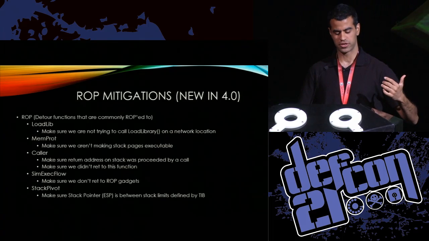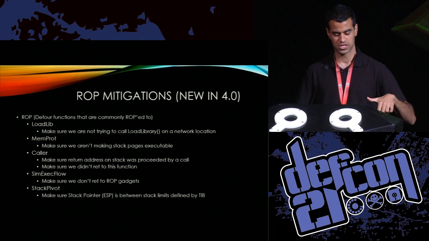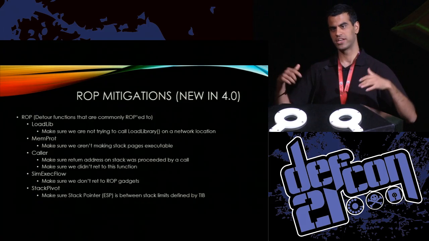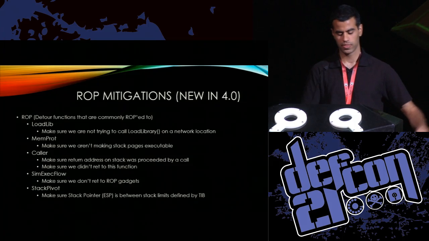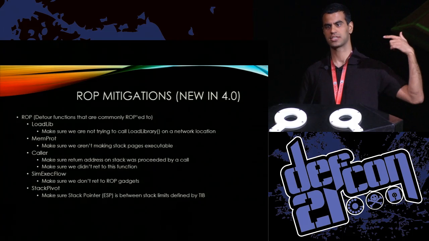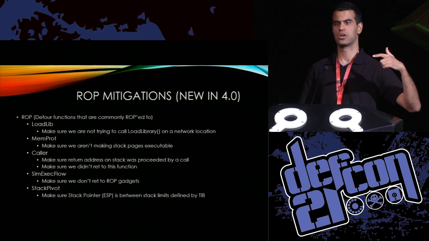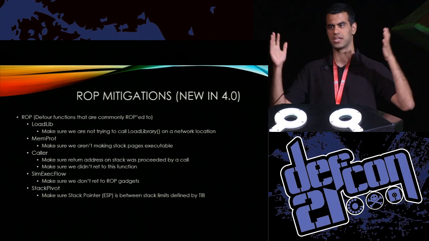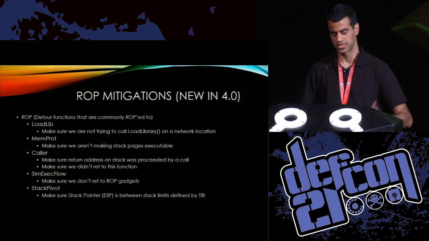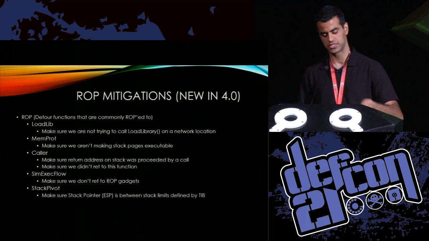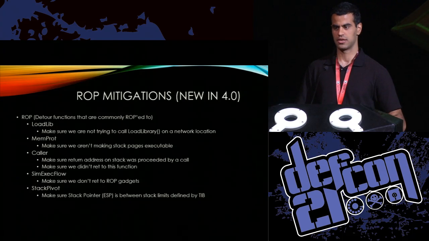So that you're not returning to this function. The SimExecFlow, where we make sure we don't ret to ROP gadgets after this function returns. And the stack pivot, where we check the ESP x86 register to make sure that it's between the stack limit and the stack base identified by the TEB for our process. My coworker Ilias did a deep presentation about the ROP mitigation in his Recon presentation from this year.